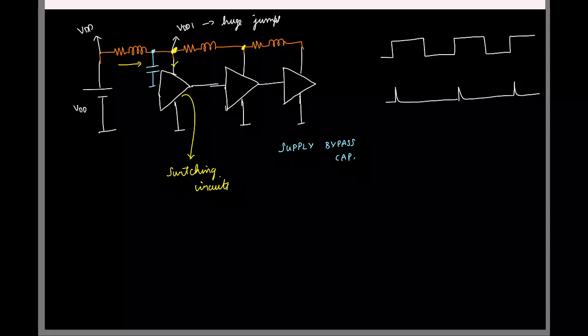So if you have a very large capacitor charged to some voltage and put here, it behaves like a voltage source. It's as though you put a local voltage source here, and the voltage source is providing all these currents. So now it is clear that the capacitor will provide all the spiky currents, and the fraction of the current that will flow here will be very small.